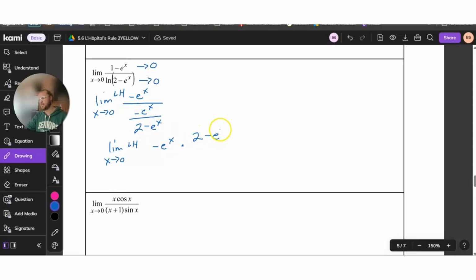So 2 minus e to the x over negative e to the x. Obviously, these cancel. Hallelujah. And then we plug in 0. E to the 0 is still 1, so we get 2 minus e to the 0, which is 2 minus 1, which is 1.